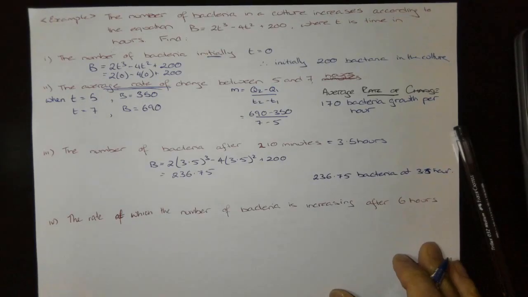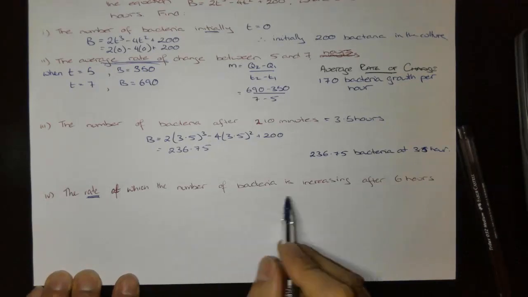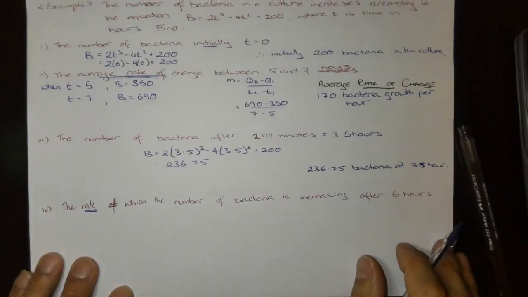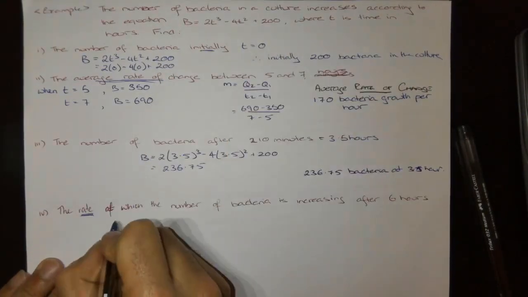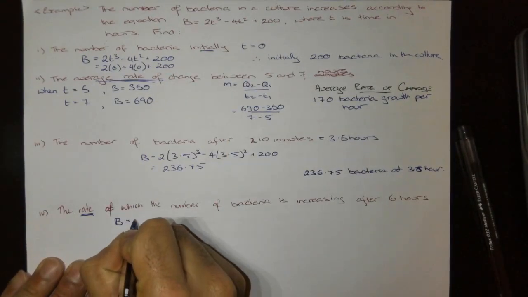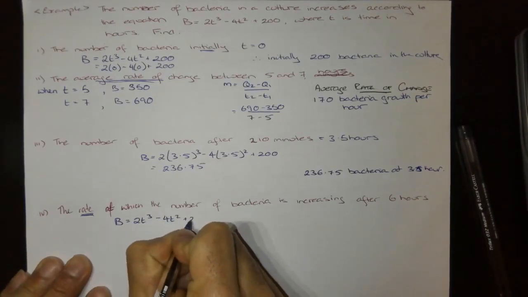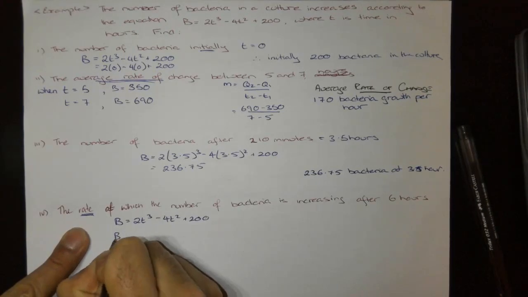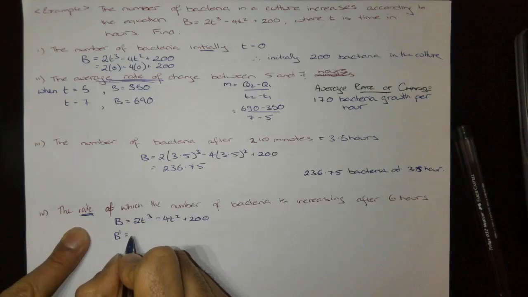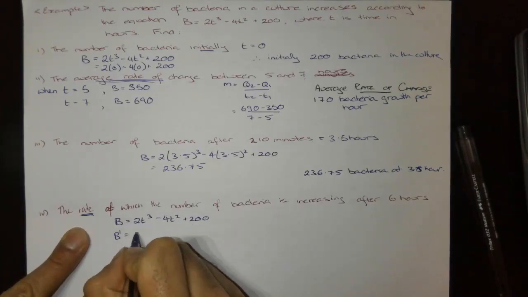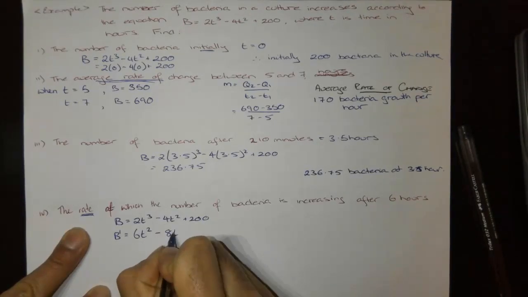Next part says the rate at which the number of bacteria is increasing after 6 hours. So for this, we need to differentiate this equation. It says the rate, so it means that we need to find the gradient when t equals 6. So we differentiate: 2 times 3 is 6, reduce the power; 2 times 4 is 8, reduce the power.